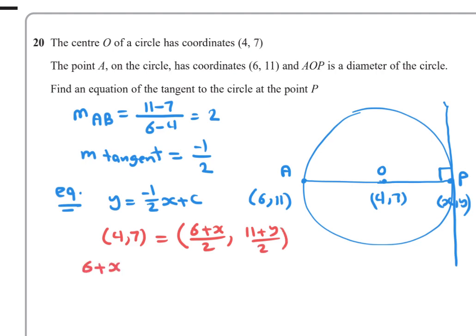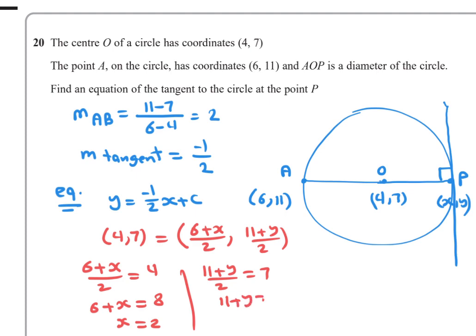So 6 plus x over 2 equals 4. This means 6 plus x equals 8, so x equals 2. And same, 11 plus y over 2 equals 7, so 11 plus y equals 14, so y equals 14 minus 11 equals 3. So the point B equals 2 and 3.